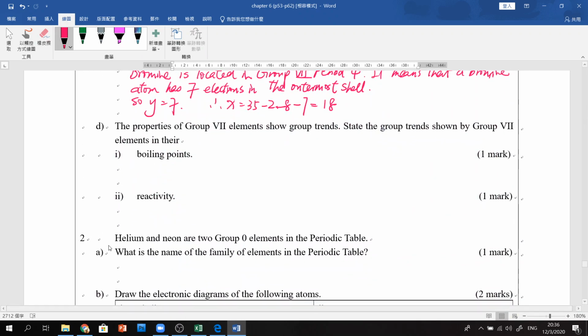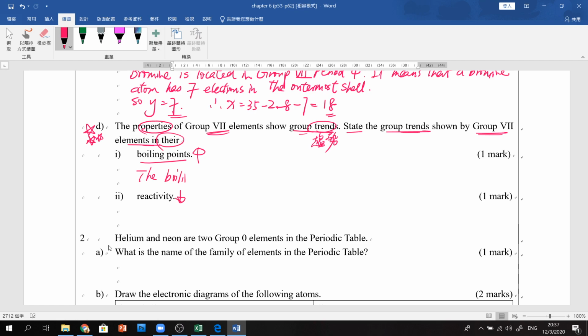So the properties of group 7 elements show the group trend. Take the group trends shown by group 7 elements. First of all, boiling point. The trend of boiling point increases, while the trend of reactivity decreases. So how will you describe that? Now this is an exam-type question, so I would like you to be very aware of it.